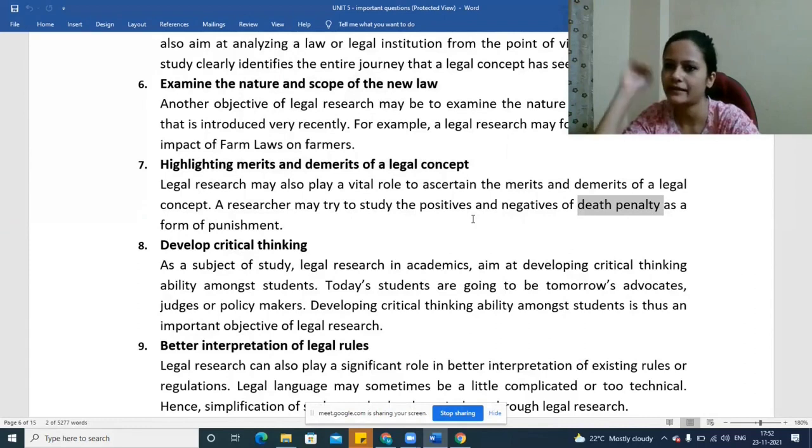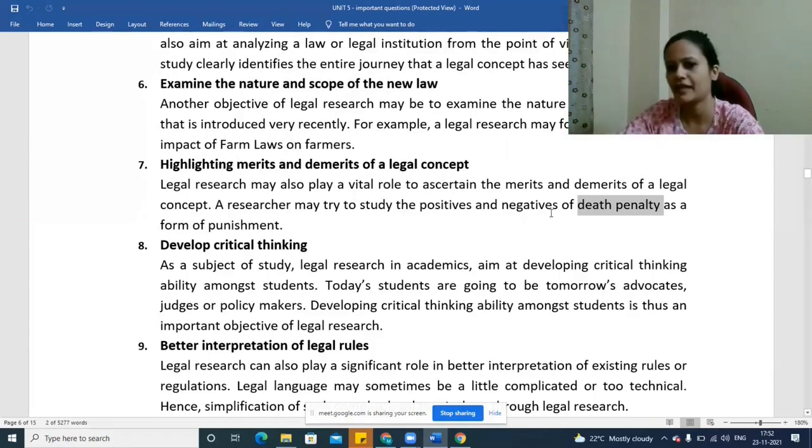That time this topic was so popular, and we were 100% confident that for sure there was going to be one question on positives and negatives of the death penalty. That was the topic everywhere, whether it's some essay competition or debating.